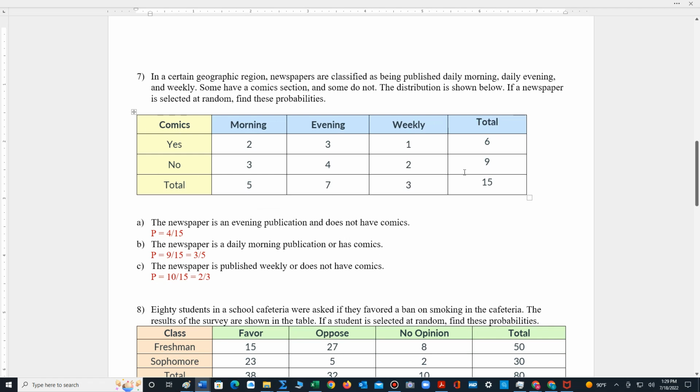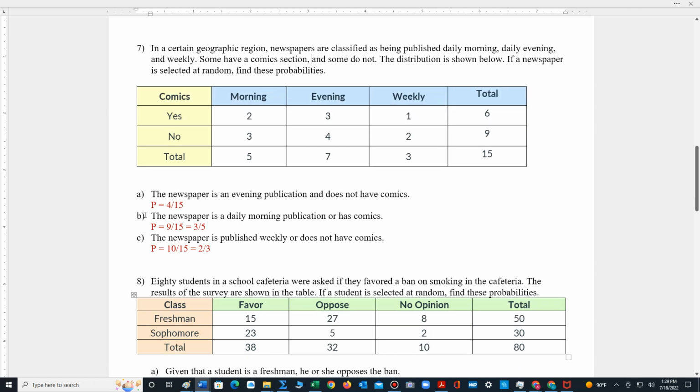Whenever we're given a contingency table, we should always add up each column to get the total and each row. The overall total is 15. There's 15 newspapers. So part A says the newspaper is an evening publication and does not have comics. Remember, and is the overlap, so it's evening and it doesn't have comics. That's 4 out of 15.